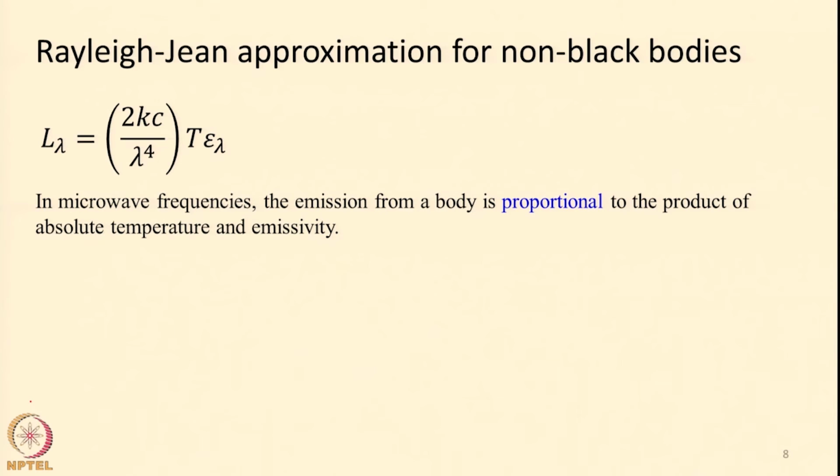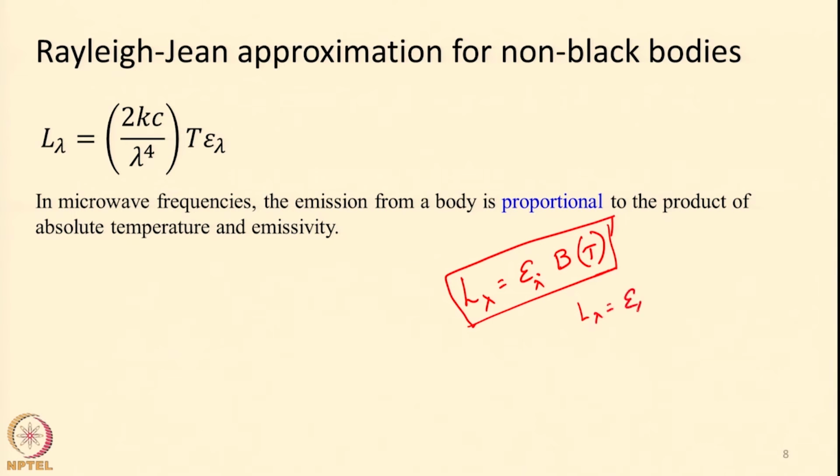So, for such non-black bodies, how will it be? Normally for non-black bodies, the radiance will be given by emissivity times the Planck's law of the object at a given temperature T. This is the usual way we do it. Even when we did thermal infrared remote sensing, we calculated this as something like this.